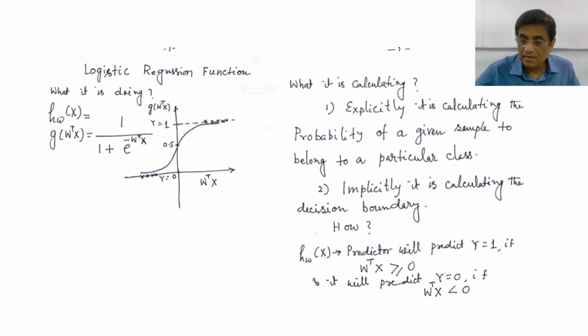Actually, why did this concept come? We were looking for a function which has two asymptotes. Because while we were trying to use the linear regression model for classification, the basic problem was that these samples were getting mixed up depending on the regression line.